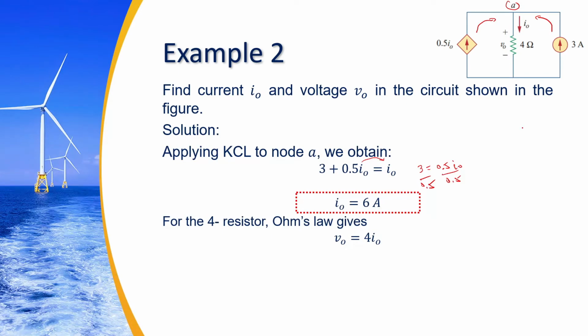How did that happen? Since we are looking for the voltage across our 4 ohm resistor, in Ohm's law we multiply the 4 ohm resistor by the current flowing through it, and that current is IO. That is why we have this equation. Since the value of IO we got earlier is 6 amp, we multiply it by 4. Therefore, our VO is 24 volts. It is volts because we were looking for V out.